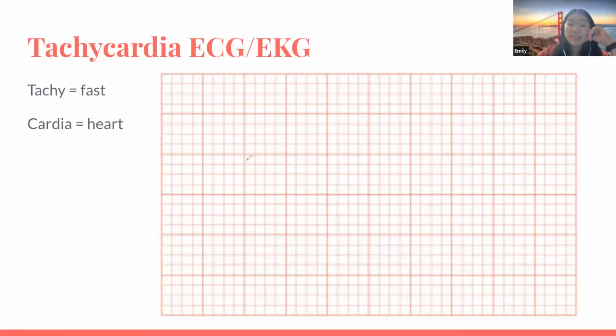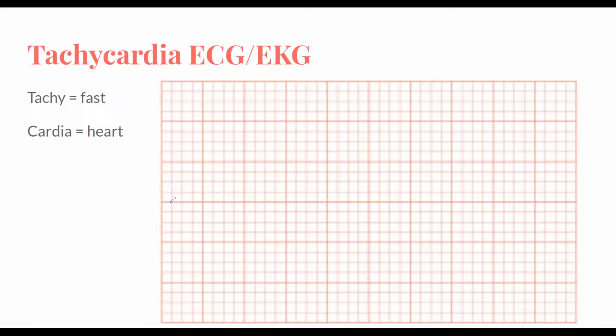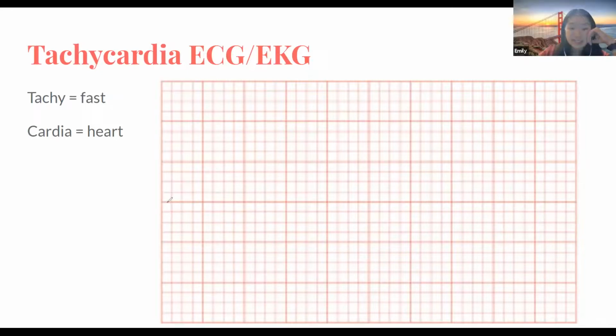So how do we think the EKG for this one is going to look compared to the normal EKG? Maybe the waves will be smaller and very frequent. Yeah, they are going to be very frequent. So there's going to be a lot less separation between each of these now. It might even look like this.